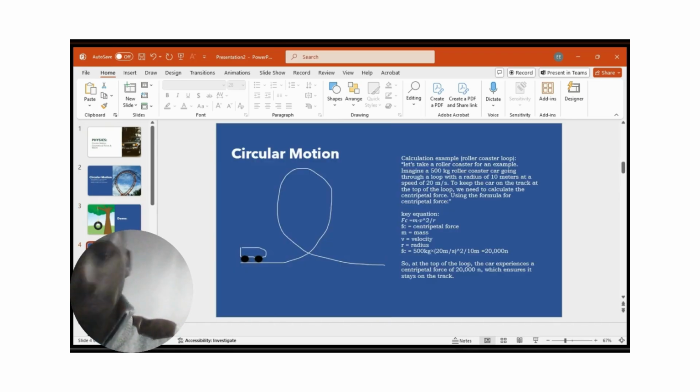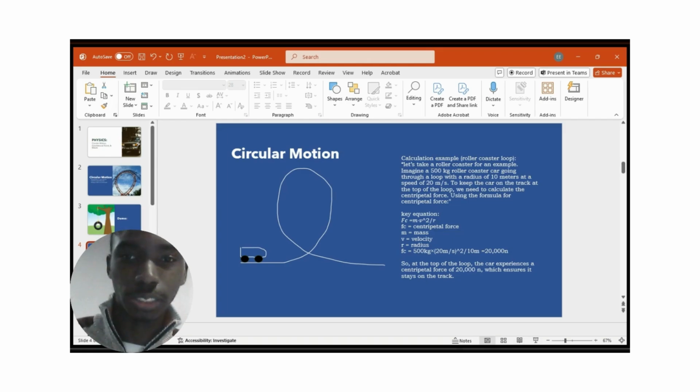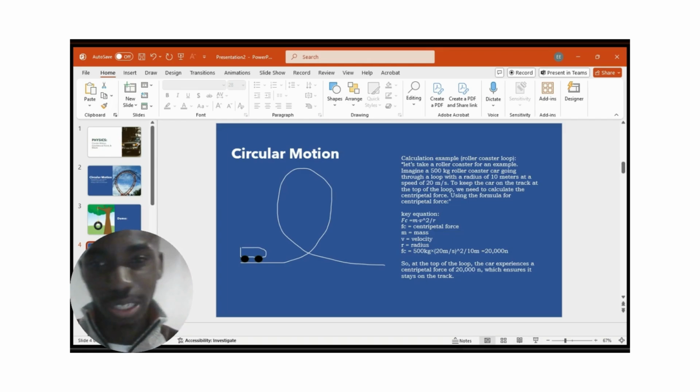Now let's do a bit of calculation while we're at it. Let's take a roller coaster for example. Now let's say we have a 500 kilogram roller coaster car going through a loop with a radius of 10 meters at a speed of 20 meters per second. Now, in order to keep the car on the track at the top of the loop, you will have to calculate the centripetal force using the formula for the centripetal force itself.